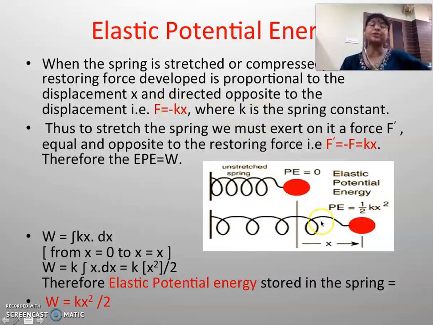Now to stretch or compress it, we have to apply a force F prime equal to minus F, that is equal to Kx. To find the elastic potential energy, we integrate Kx dx from 0 to x, and ultimately we get W is equal to half Kx squared. So that is the expression of the elastic potential energy.